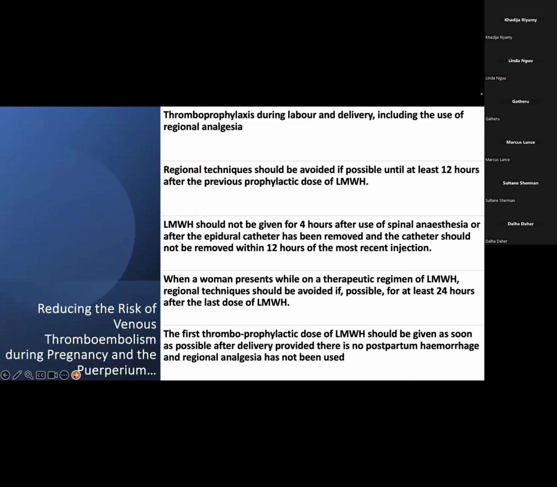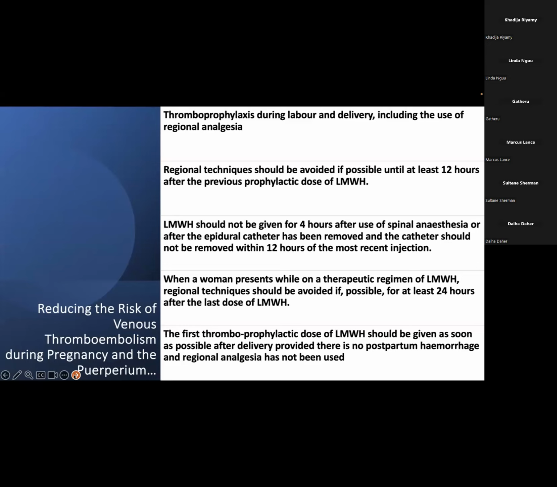So if your patient got the last dose of thromboprophylaxis less than 12 hours earlier, and you have gone ahead and delivered the patient by whatever means, whether it was epidural analgesia or a cesarean section, you first must remember not to remove the catheter before 12 hours have elapsed from the last dose, which may be 4 hours after the surgery or after the delivery.